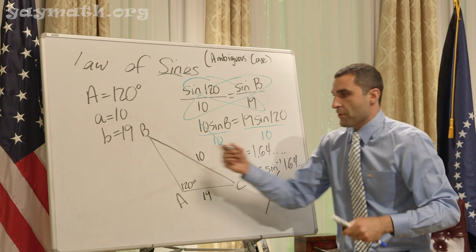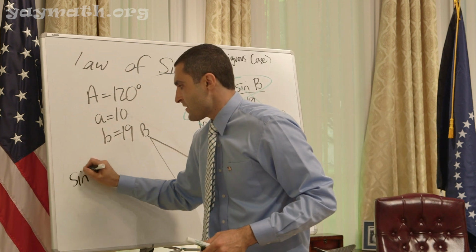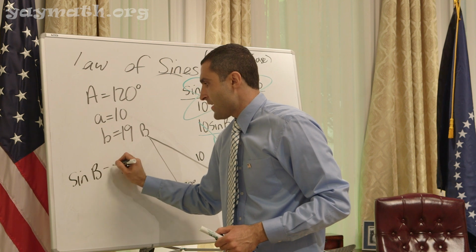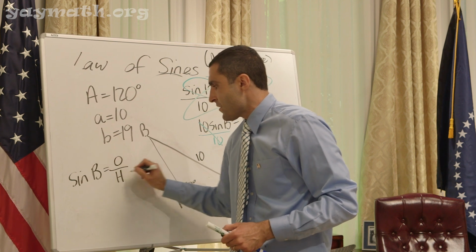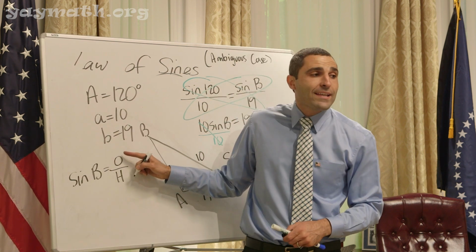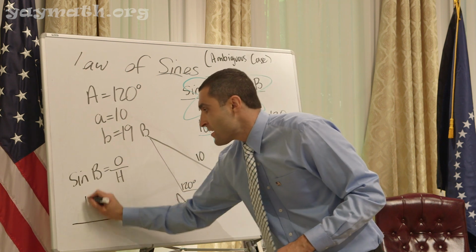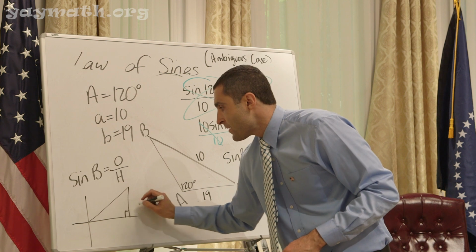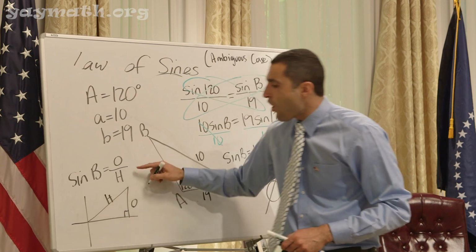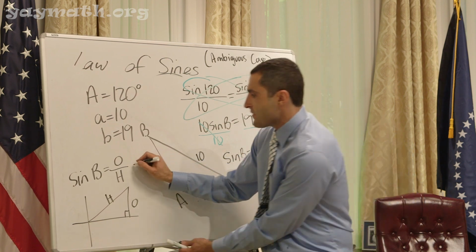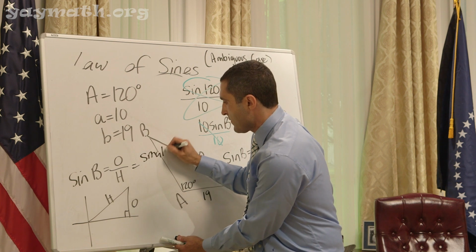This is an important rule. Sine of an angle equals opposite over hypotenuse. The hypotenuse is always bigger, so this is small over big.